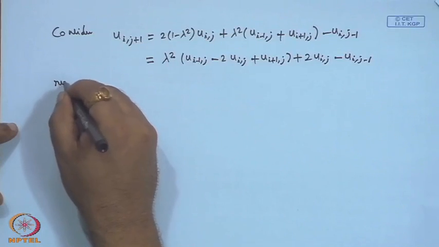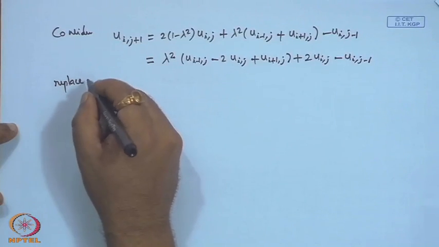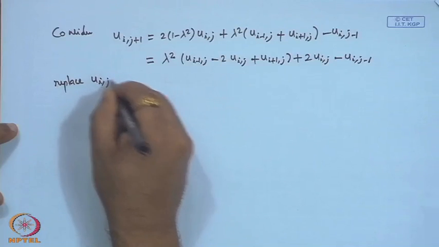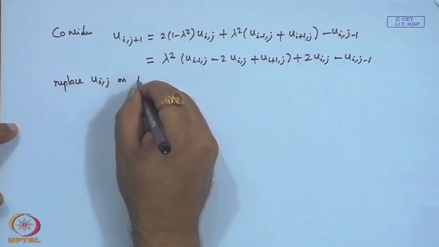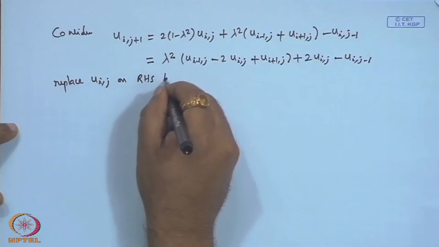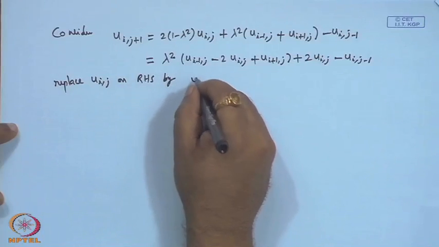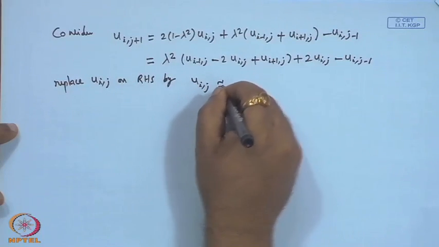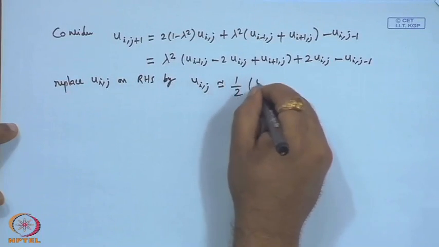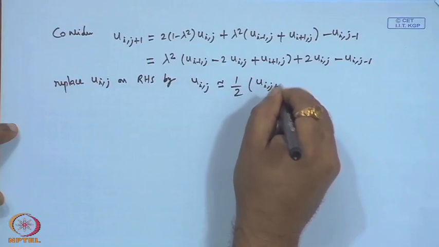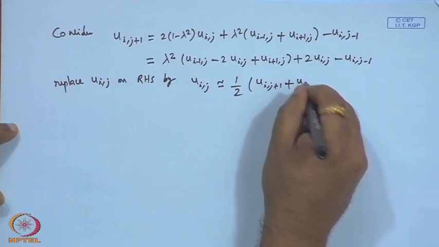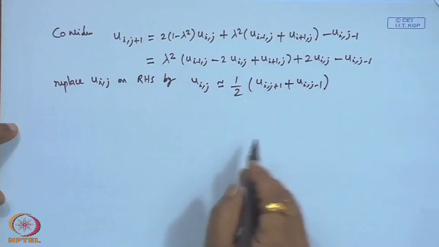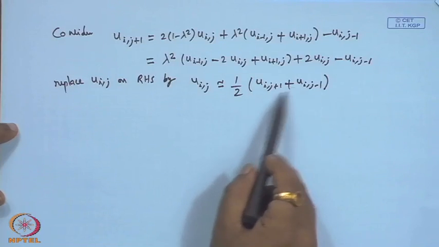Now, what we are going to do is replace u i j on the RHS, so we want to bring in more time levels.